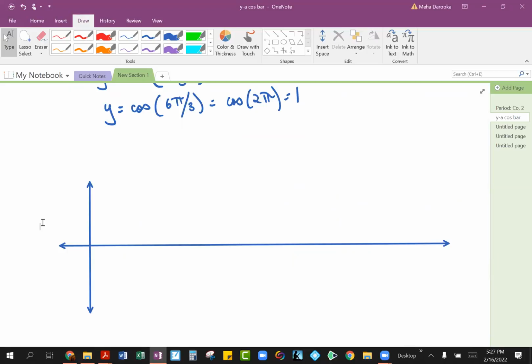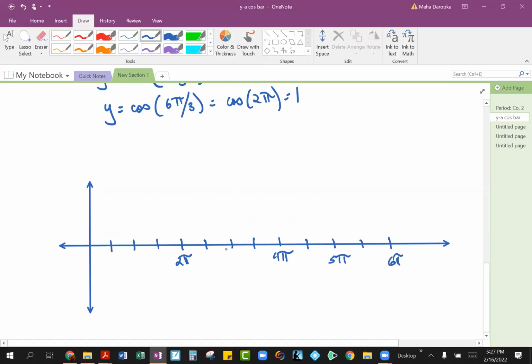If you want to do 2 intervals, you can go on either side with -6 pi to +6 pi, but we are doing 0, pi halves, pi, 3 pi halves, 2 pi. So 1, 2, 3, 4. 1, 2, 3, 4. This is at 2 pi. This will be at 4 pi. 1, 2, 3, 4. This will be 6 pi.